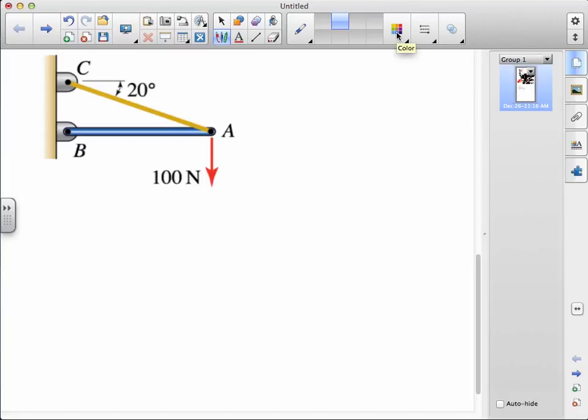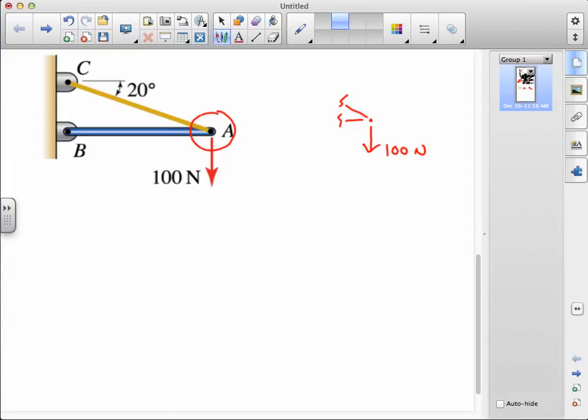Here we have a second example that looks very much like our first example with different angular orientations. Once again, the joint between the two members AC and AB will be of interest, so we'll draw an enveloping surface around A. Once again, we have our 100 Newton load, and we're then going to have two internal forces where we cut through these two members, AC and AB.